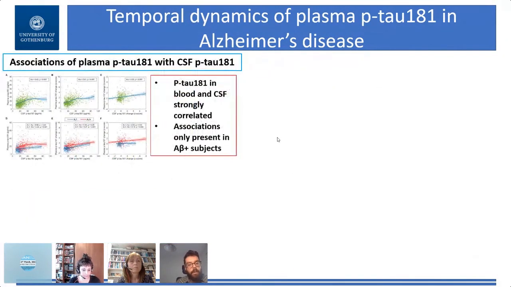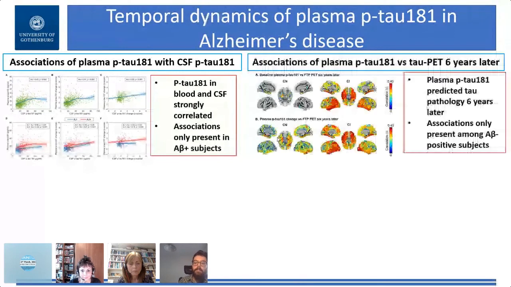Now it's time to look at tau markers, in this case cerebrospinal fluid phospho-tau. As expected, phospho-tau in blood and cerebrospinal fluid were strongly correlated, and importantly, the associations were only present in amyloid-positive individuals, suggesting that plasma phospho-tau reflects tau pathology only in Alzheimer's disease. Also important is the fact that plasma phospho-tau was predictive of tau PET signal 6 years later.